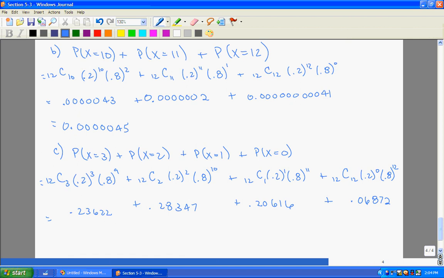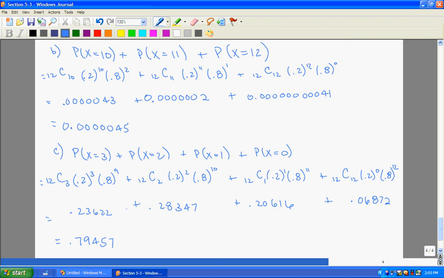And then I'm going to add all of those up together. Which is 0.79457. So it's very likely that he'd get just 3 or 2 or 1 or none right, whereas it's highly unlikely that he would get 10 or more correct.